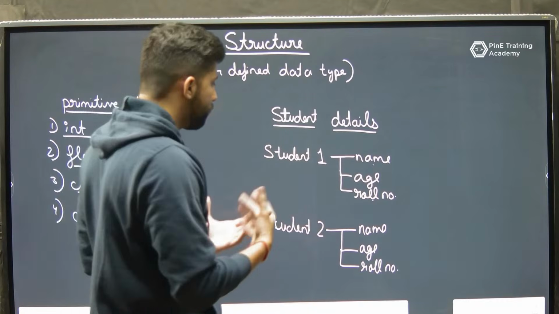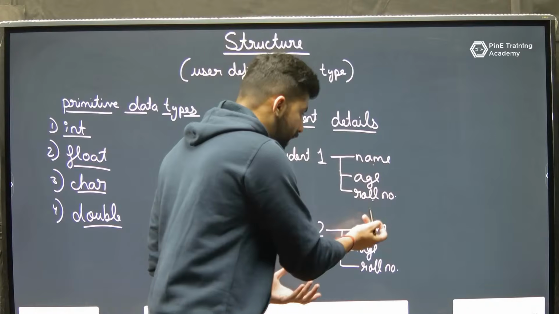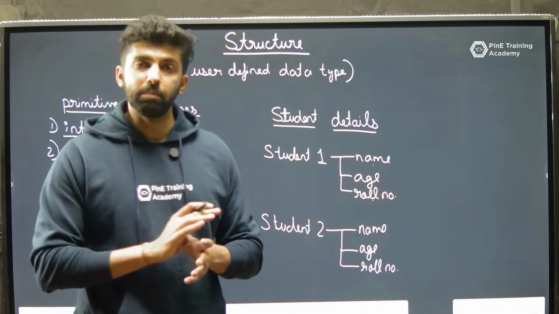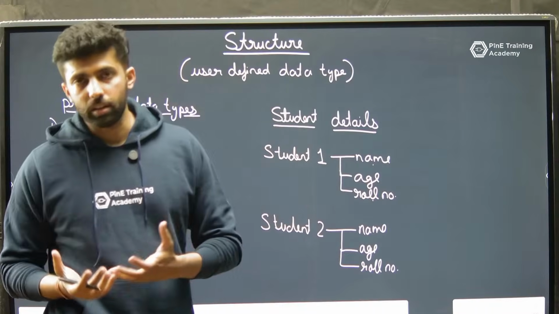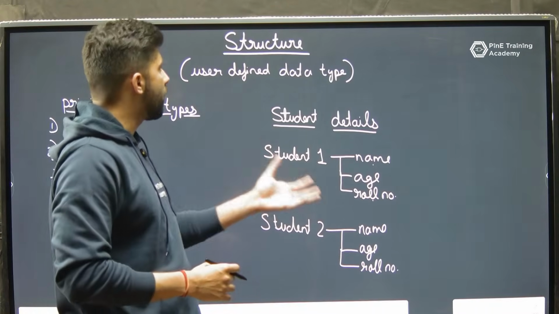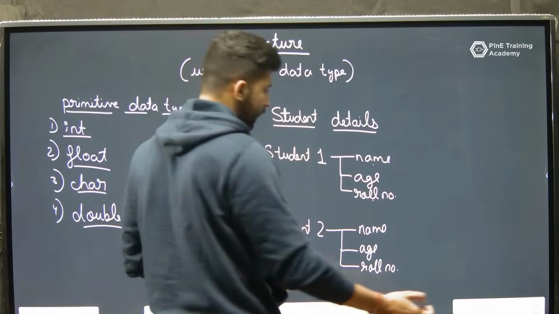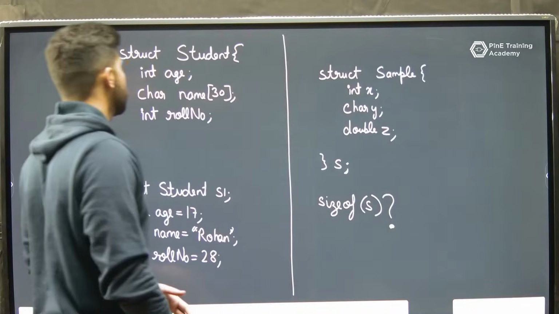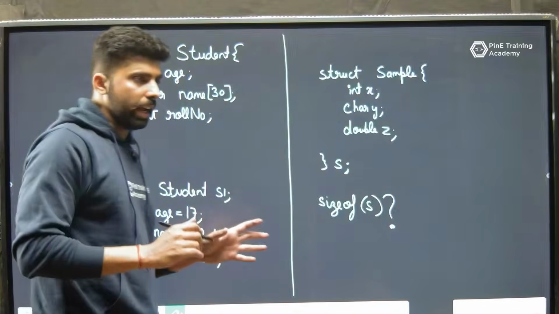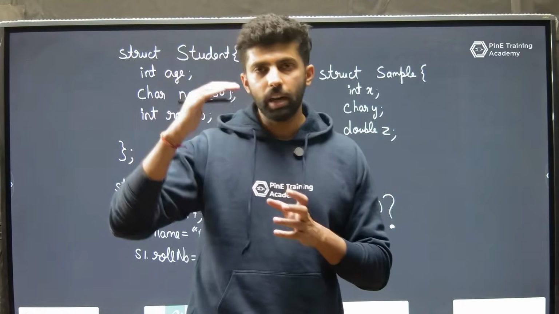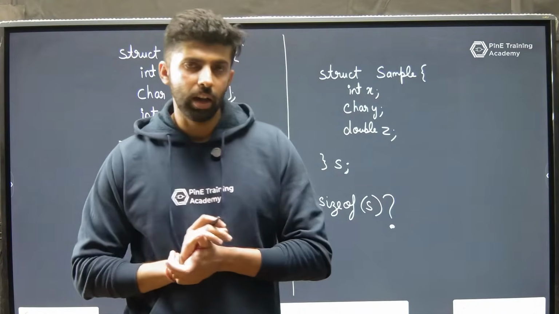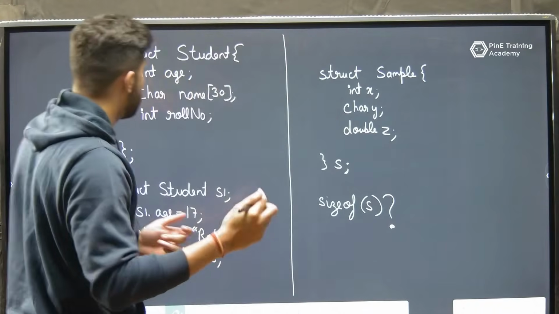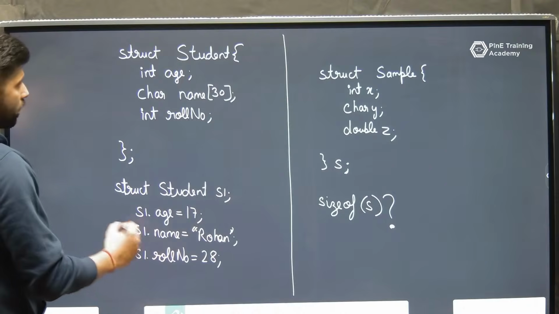So it is not feasible for us to create individual variables for each of them. That's why we use structure. And let's now see how structure is used in this case. So instead of using individual variables, we will combine those variables into a single block and we call them as a structure. So how do we create a structure?